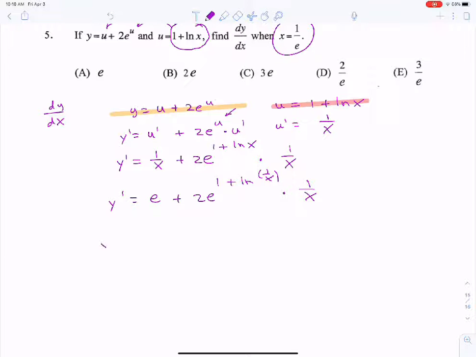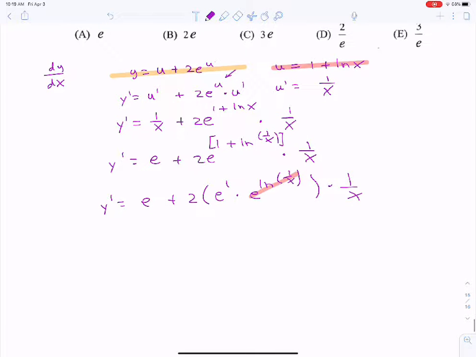I don't know if it really matters, but let's see. We get y prime equals e plus, since this is an exponent, we can get 2, and I'm going to say e to the 1 times e to the ln of 1 over x. And again, hopefully you notice why I'm doing that, because this piece right here is just going to become 1 over x.